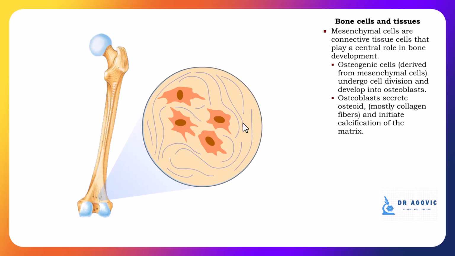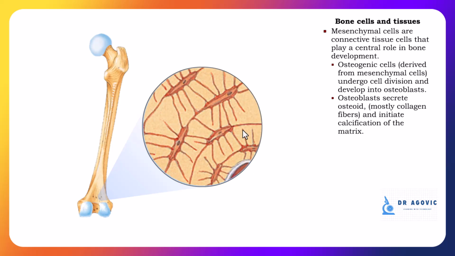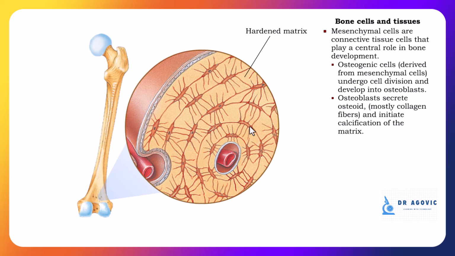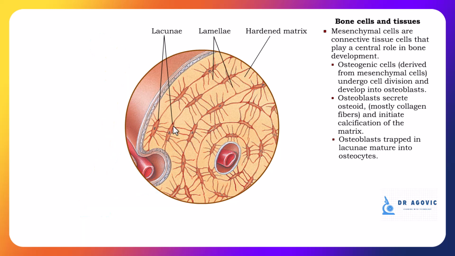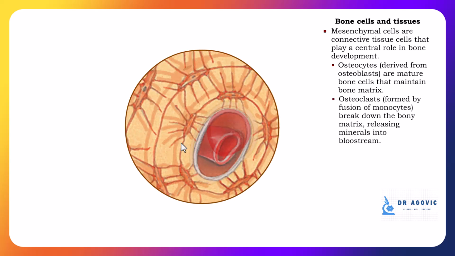They also initiate calcification of the mineralized material of the matrix with mineral salts. As the matrix hardens, the osteoblasts become trapped in small spaces called lacunae and mature into osteocytes. Osteocytes maintain bone tissue by exchanging nutrients and wastes with the bloodstream through canals and canaliculi.